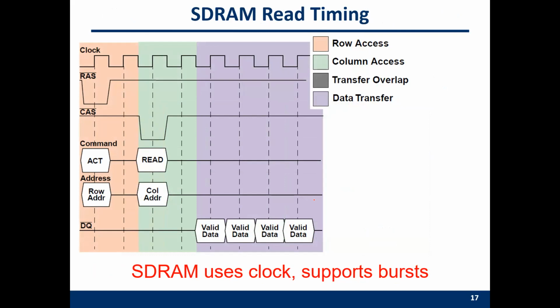Now the DRAM company even created a more advanced, faster read mode, which is burst mode. You just send one column address, and then I'll give you 8, 4, or 16 bursts of the data. Of course, this is consecutive data in the row.